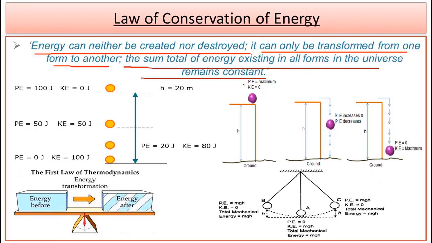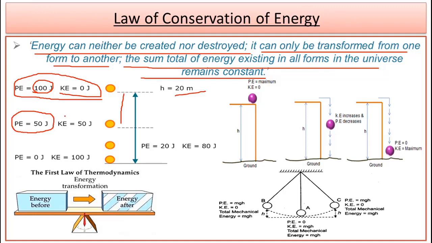For example, if a ball at a height of 20 meters has a potential energy of 100 joule, where the kinetic energy is zero because of no motion, it will have a mechanical energy of 100 joule. But as it falls down, you observe a decrease in the potential energy with a gradual increase in the kinetic energy.